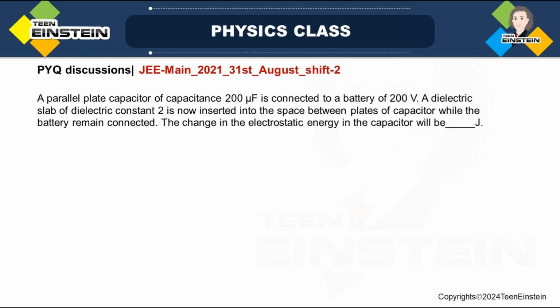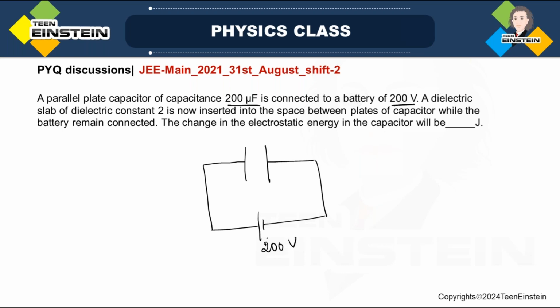Here the question says a parallel plate capacitor of capacitance 200 microfarad is connected to a battery of 200 volt. So I have a parallel plate capacitor and it is an air capacitor initially, connected to a 200 volt DC battery, and it has C0 200 microfarad.